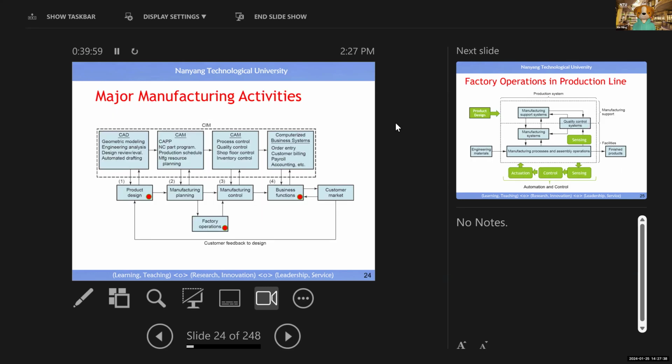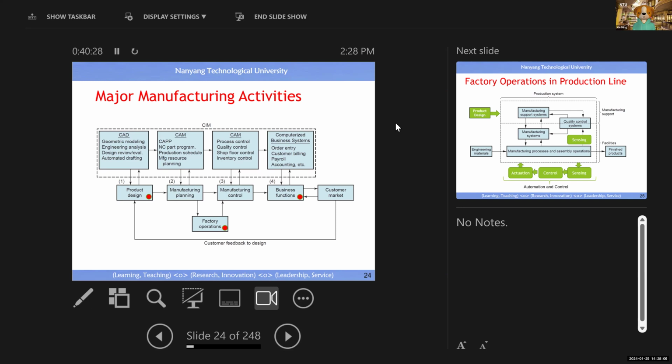But for us, we need to zoom into some specific module. Otherwise, you will spend one semester to study all the detail. Here we just pay attention to the factory operation and the input to the factory, because input to the factory comes from the output of a design, and also need a bit of supply chain, you need to buy the component material, right?